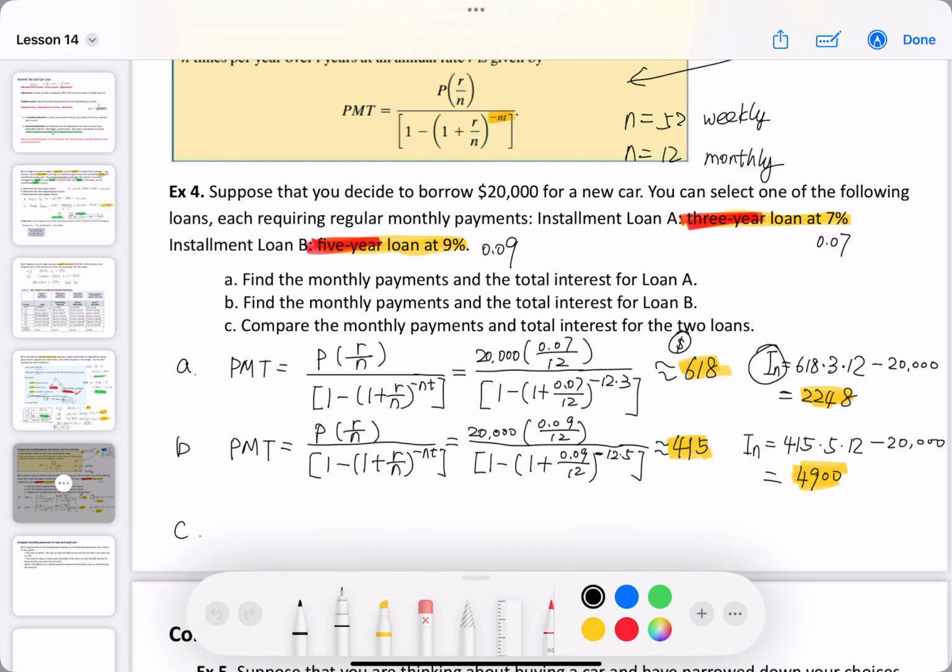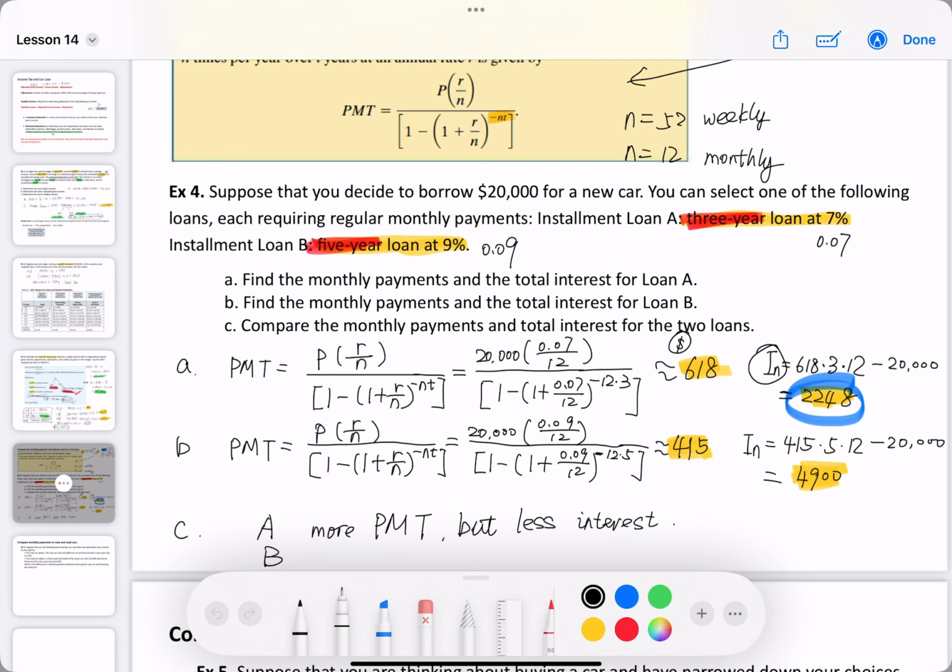Part C, compare the monthly payment and the total interest for the two loans. So the A plan has a higher PMT, monthly payment, but you see it will pay less interest.